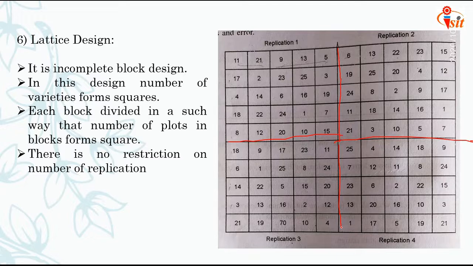This design can be used where the varieties form a square, like 16, 36, 25, 49, 81 or 64. The first criterion is that the number of genotypes or treatments must form a square. So this is all about the lattice design.